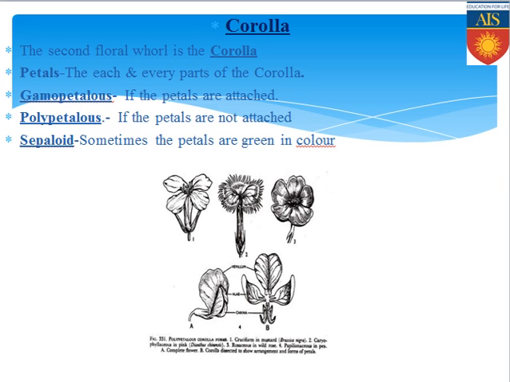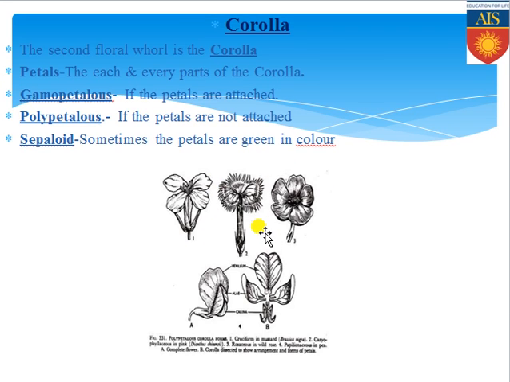And if the petals are sepal-like, green, then they are known as sepaloid, okay. So again I am repeating, each and every unit of the corolla is known as petal. If the petals are associated with each other, they are known as gamopetalous. If they are free, polypetalous, and if the petals are green like sepals, then they are known as sepaloid. You can see so many types of corolla categories or varieties here.